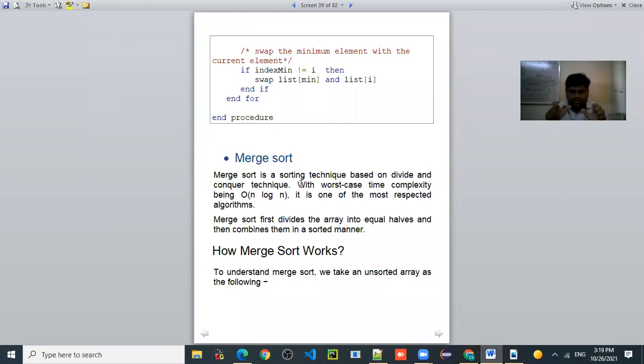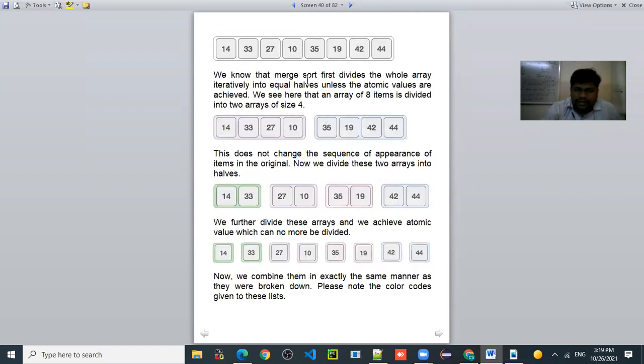First we divide this array into smaller parts, and after that we combine them by considering their sequence. We will see how it is divided and how it is combined.